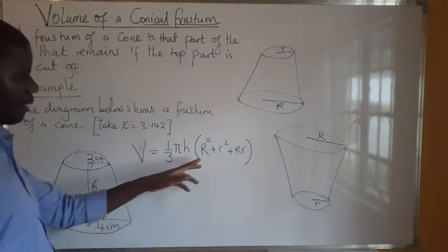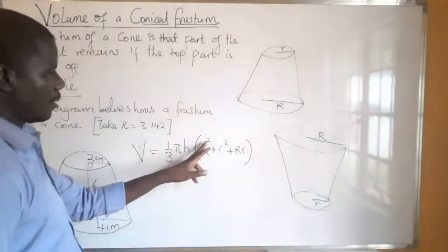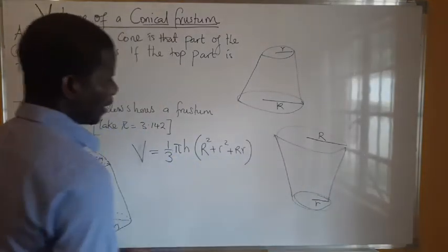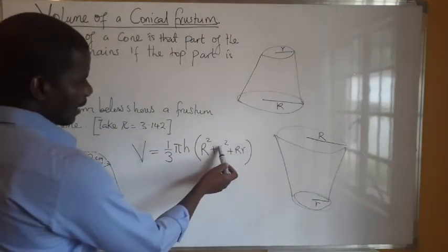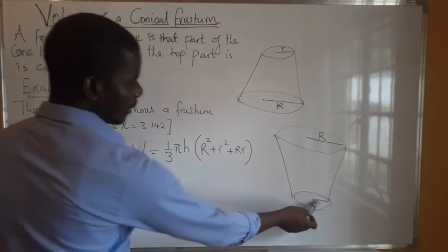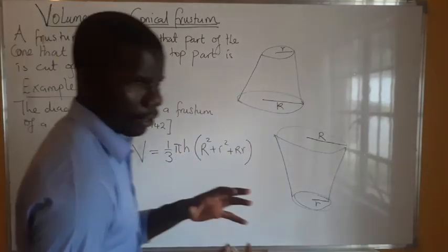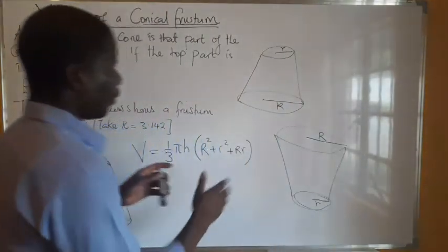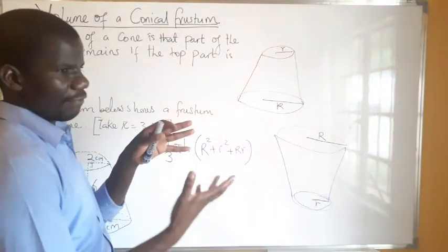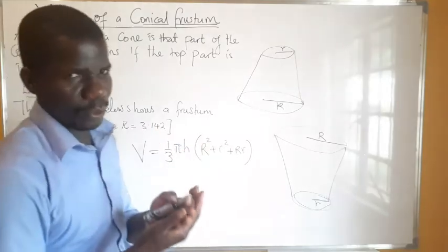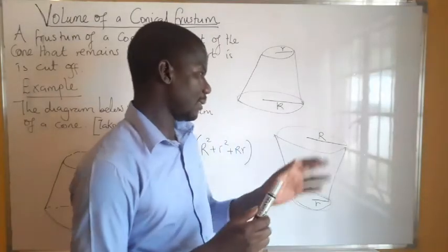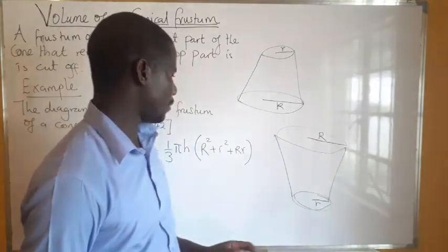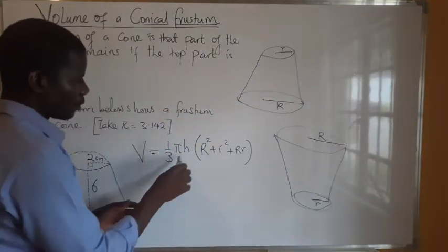In our formula we've got the capital R, the bigger radius, which comes from the bigger circle, and the smaller radius r, the radius of the smaller circle, because on a conical frustum, on each end we have a circle.